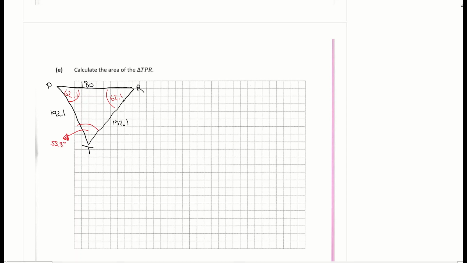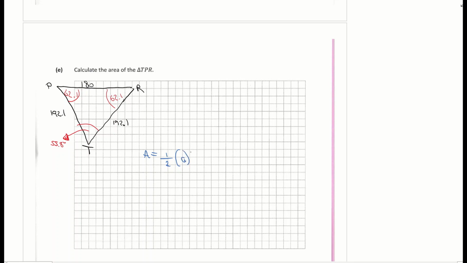So area of a triangle, half AB sine C is the formula that I'm going to use, because we can't use half the base by the perpendicular height, as we don't know what the perpendicular height is. Now you could go off and use maybe Pythagoras theorem, split that length from P to R to 90, but it's too much work.